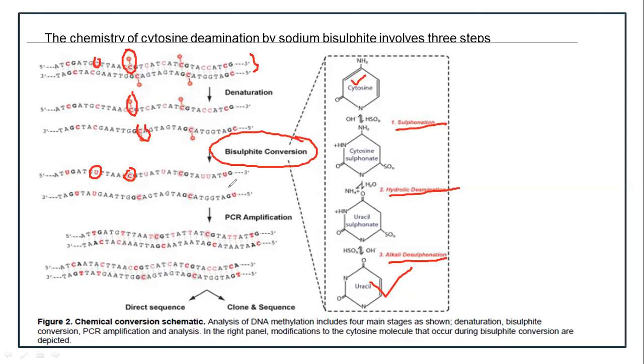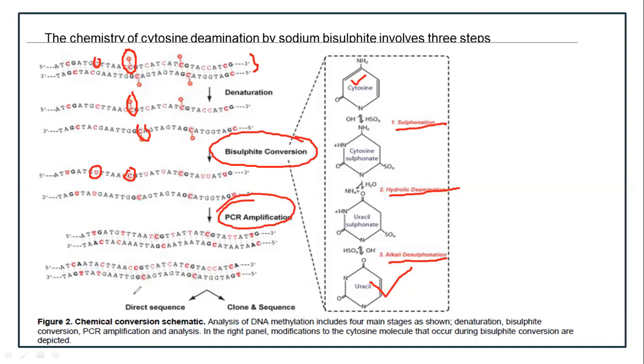Then we do PCR amplification, with methylation specific PCR techniques. Methylation specific PCR, methylation site specific PCR, combined bisulfite restriction analysis, or methylation sensitive single nucleotide primer extension can be done.